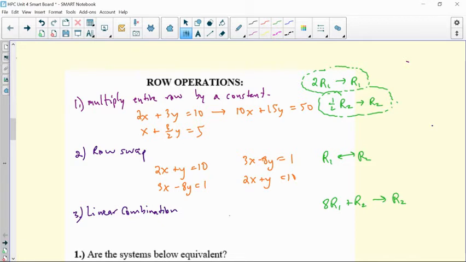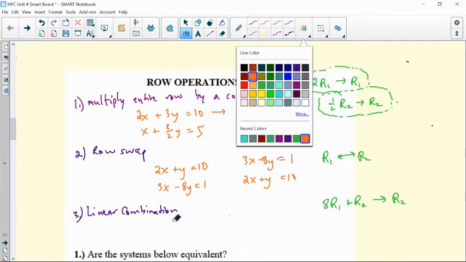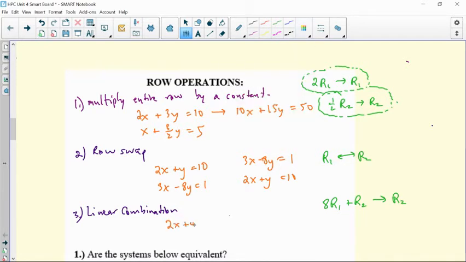My row 1, I wouldn't have changed. I would just leave it as 2x plus y equals 10. But this row 2, I'm going to change. I'm going to take 8 times this whole thing and then add it. So 8 times 2 is 16, and 16 plus 3 is 19x.